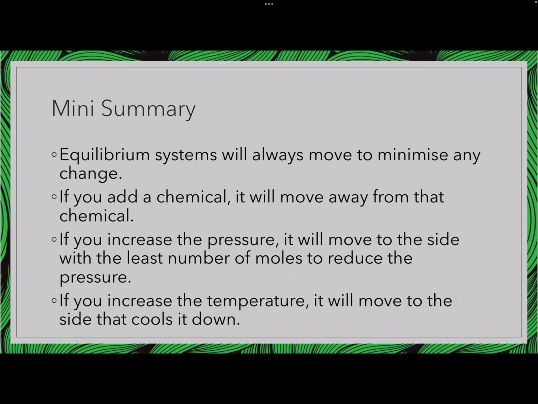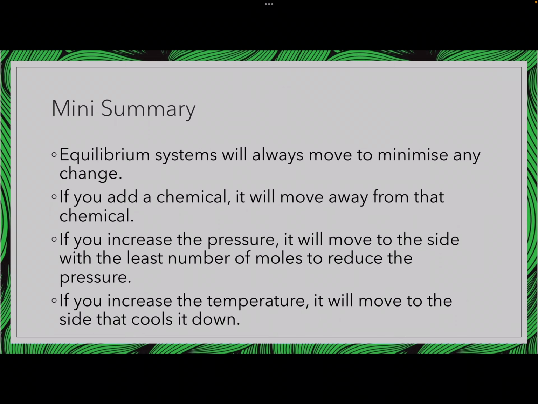So here's a mini summary. Before we put all of this together into some examples, this is what we've covered so far. Equilibrium systems will always move to minimize any change. If you add a chemical, it will move away from that side. So if you add to the left, it'll move towards the right. If you add to the right, it will move towards the left.